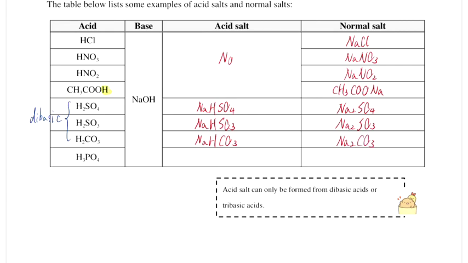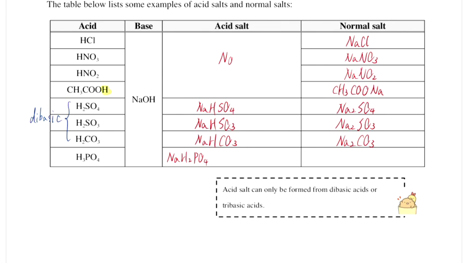And the last example we have here is phosphoric acid, which is tribasic. So it should form two kinds of acid salt. First, we can replace one of the ionizable hydrogens with sodium, so it will form this compound. This compound is called sodium dihydrogen phosphate.